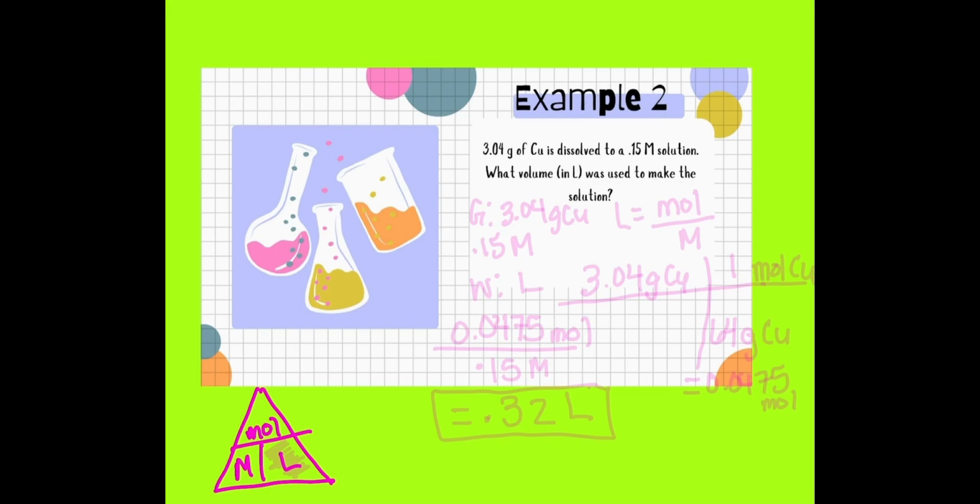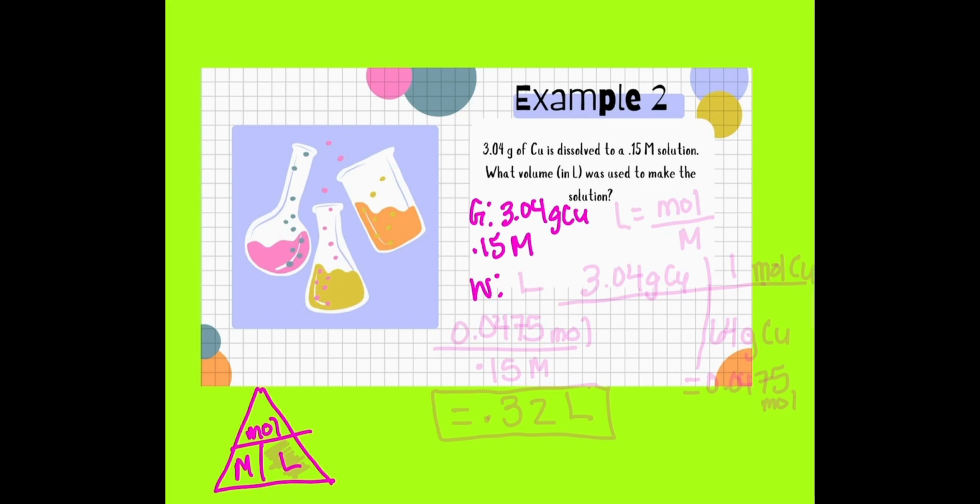Now, I'm going to write out a list of my given. When I look at the problem, I was given 3.04 grams of Cu, and I also was given 0.15 molarity. Now, what I want is to find, the problem says, what volume in liters was used to make the solution.